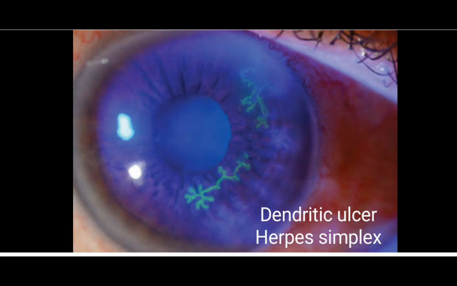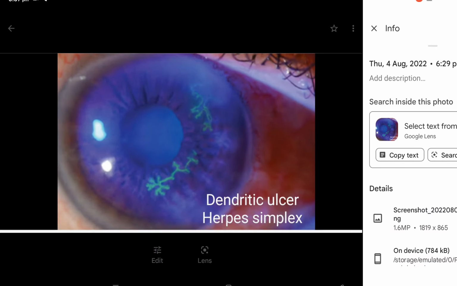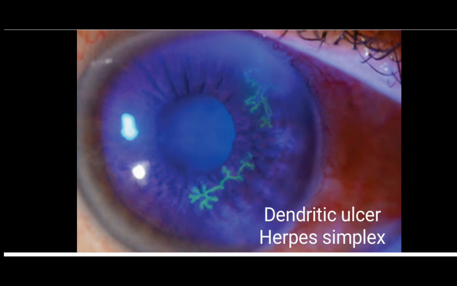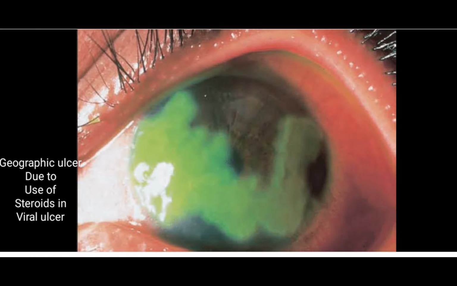This is the image of a dendritic ulcer. Dendritic means like the dendrites of neurons, and it is seen in herpes simplex virus. This bluish appearance is due to dye. A dye is used for staining, so it is appearing blue and green, and it is seen in herpes virus.